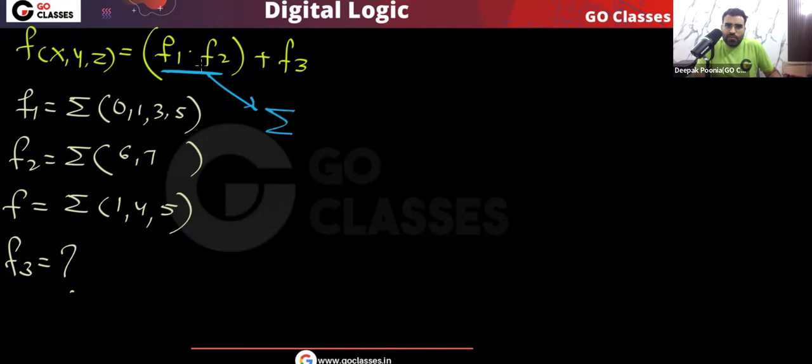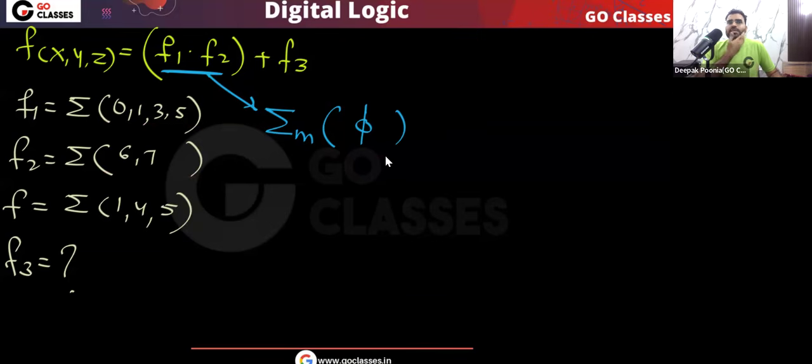For the AND operation with respect to minterms, I will do the intersection. Yes or no? The intersection will be empty. So you can notice that for f1 and f2, this is the empty set, because the intersection of these two minterm lists is basically the empty set.